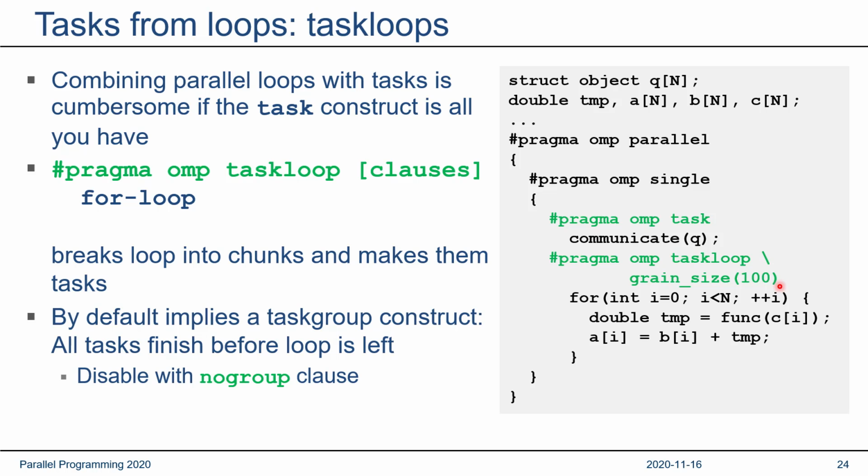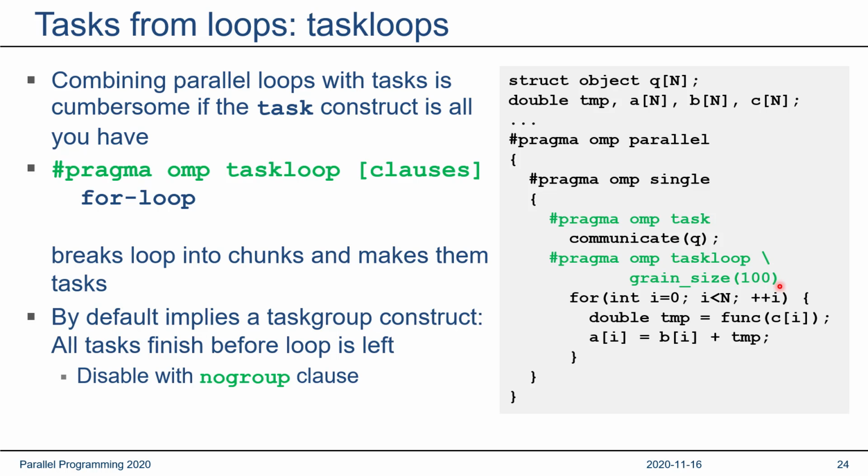By default, a taskloop implies a so-called taskgroup construct, which we haven't covered here. And this means that all tasks that are generated in the taskloop will be finished before the loop is left. So whenever you do a taskloop, by default, the loop will execute as long as necessary to finish all the tasks.